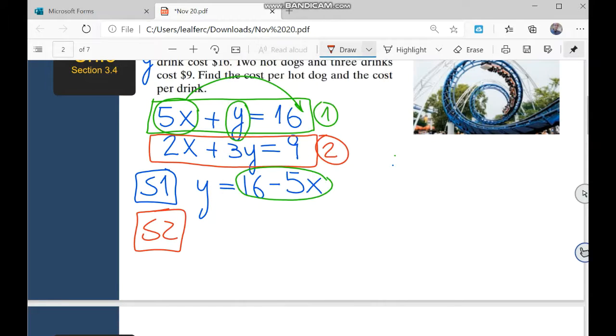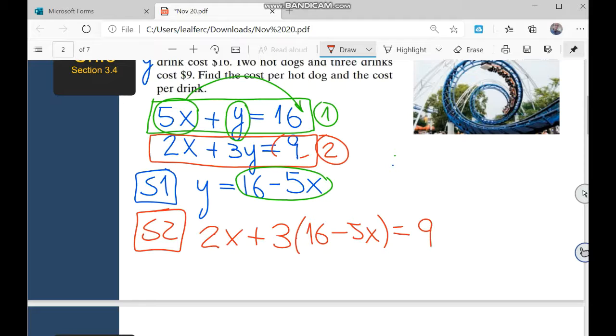Let's do it. So 2 times x, repeat, plus 3 times y. But no, I don't want y. I'm going to change y into 16 minus 5x, and repeat, this equals 9.